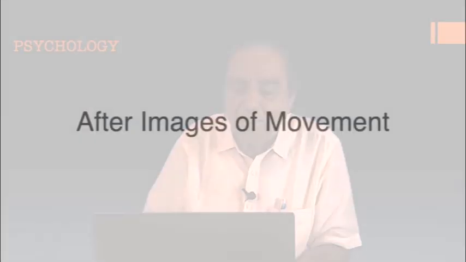So, this is called after image of movement, when the stimulus is not moving, the stimulus is not there, but still a vivid movement is perceived. So, we have talked about the after image of movement. As I told you, just like the after image of a stationary object, there is an after image of movement. Now, we will talk about other types of apparent movements.